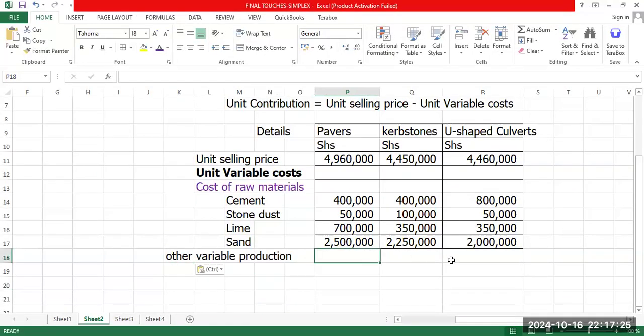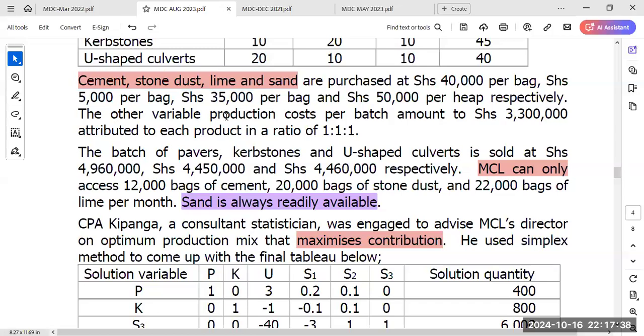And they are telling us the cost is how much? They are telling us that other variable cost per batch amount to shillings attributed to each product.